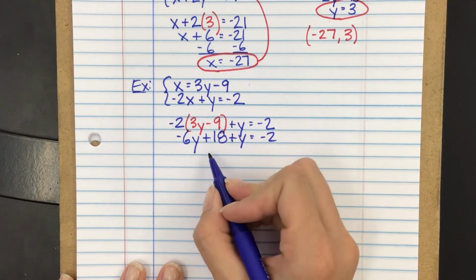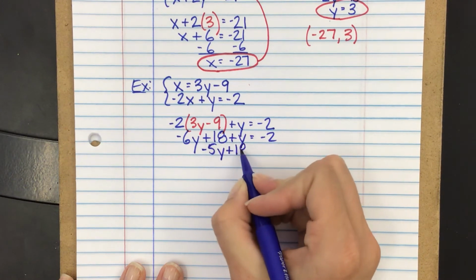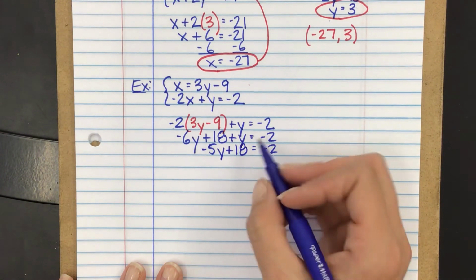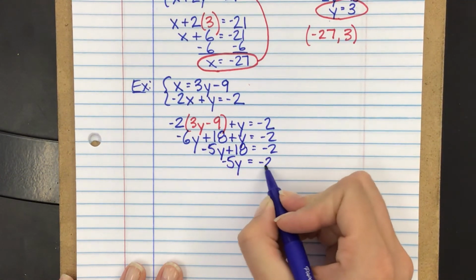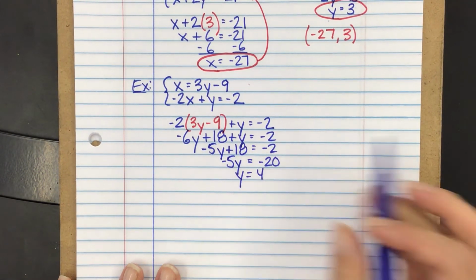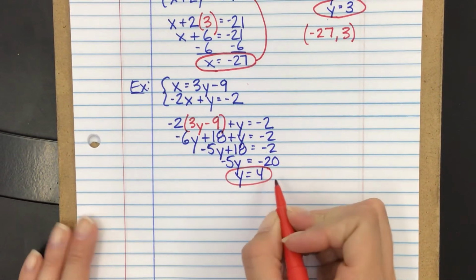I'm going to combine like terms. And then I'm going to solve for my variable. So I'm going to subtract 18 from both sides. And we get that y is 4.